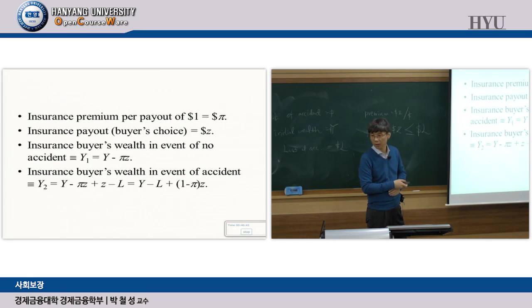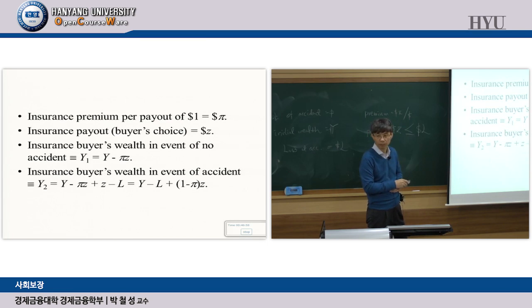So the individual choice is picking Z. If you choose 0, that means you choose to have no insurance.